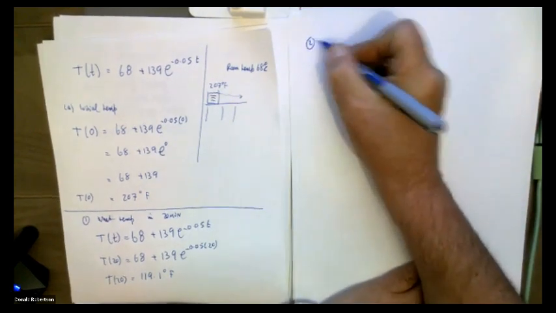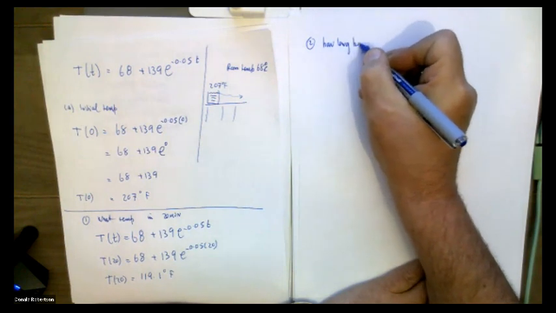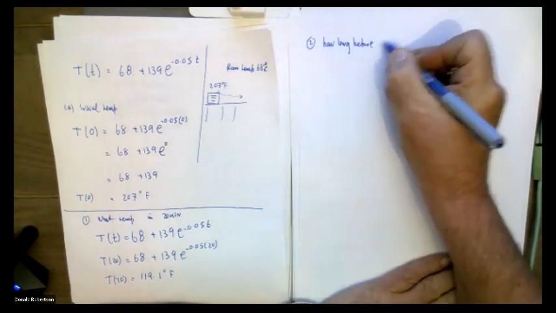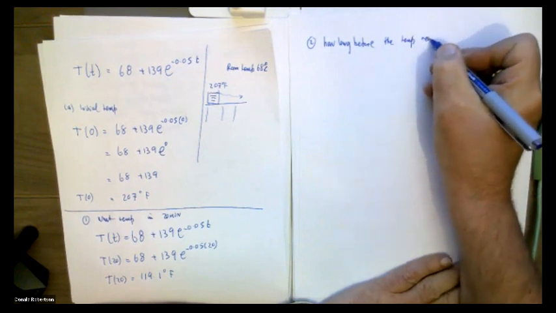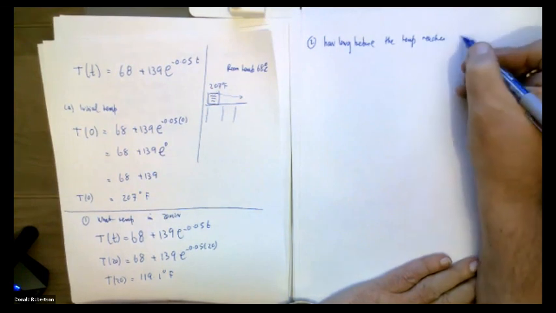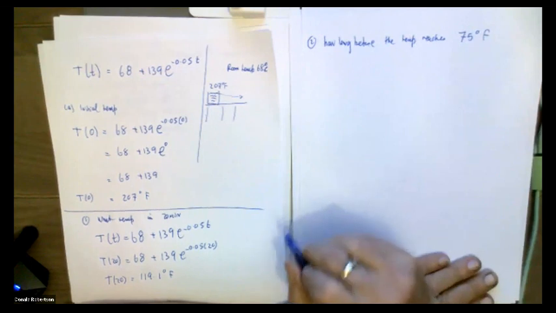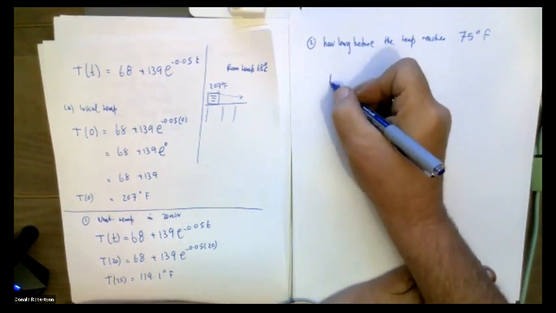So, how long before the temperature reaches, let's pick a number. Since the temperature in the room is 68, let's say 75 degrees. So how long would you have to wait until you get to that temperature? So you begin with your model.